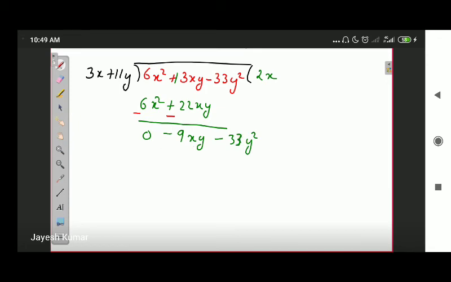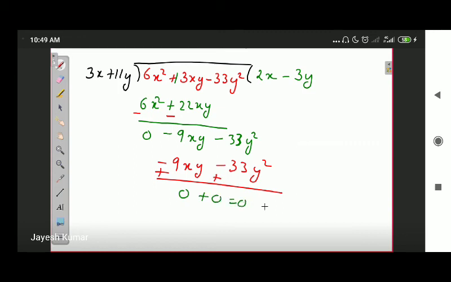What should we multiply with 3x to get minus 9xy? This time we should multiply 3x with minus 3y to get minus 9xy. See, we already have x, so in order to have y, we need to multiply it with y. So this will be minus 9xy minus 33y square. Once again, you change the signs, and finally you will get 0 plus 0.